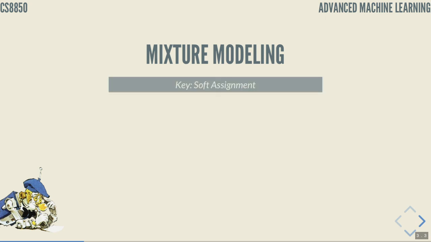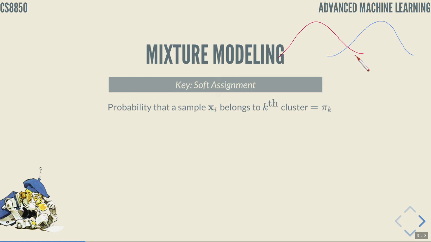Instead of assigning everything to one class or one probability, just one Gaussian, let's consider this notion of soft assignment. So, the probability that sample xi belongs to the k-th cluster or to the k-th Gaussian. So we have two Gaussians. We have a sample here. Well, I should draw this in color.